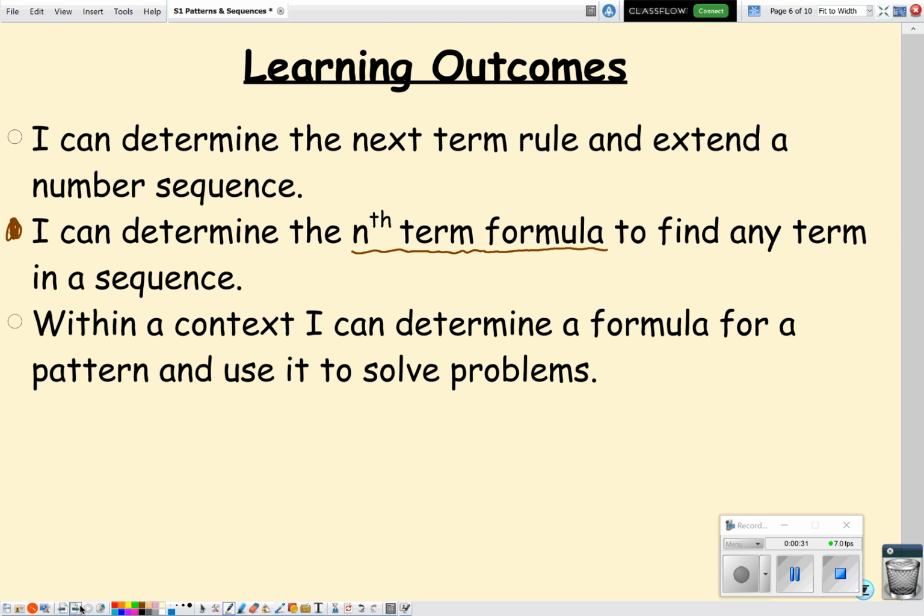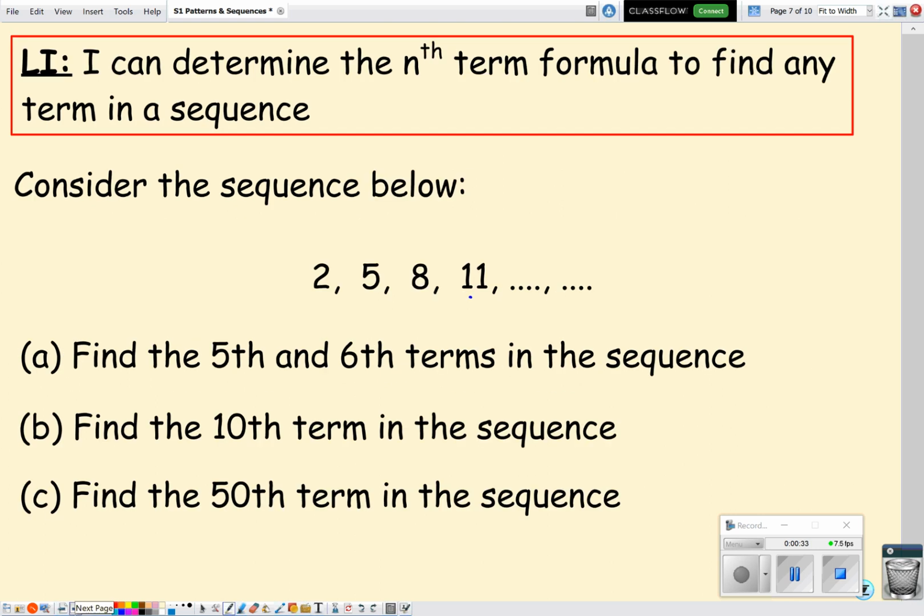Okay, so I've got a little starter activity for you. What I want you to do is pause the video and take a look at this sequence 2, 5, 8 and 11 and answer the three questions A, B and C. I want you to find the 5th and 6th terms in the sequence, find the 10th term in the sequence, and find the 50th term in the sequence.